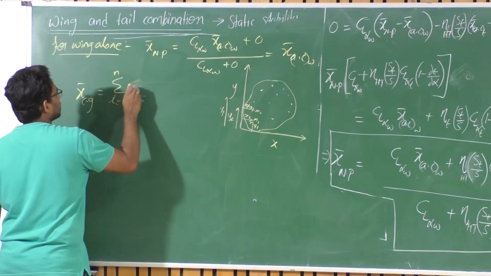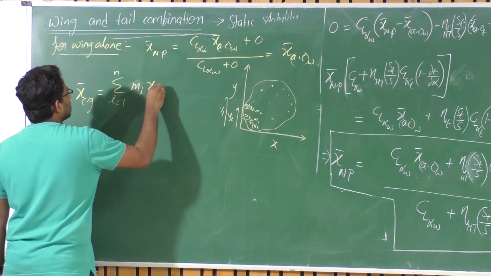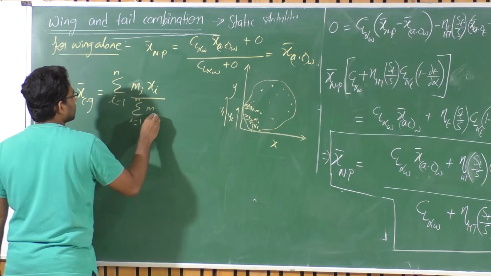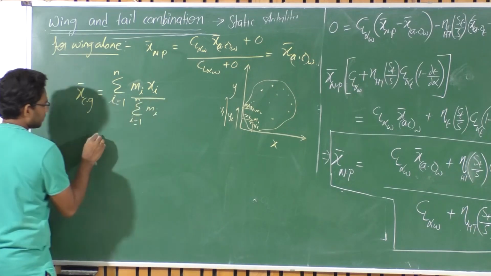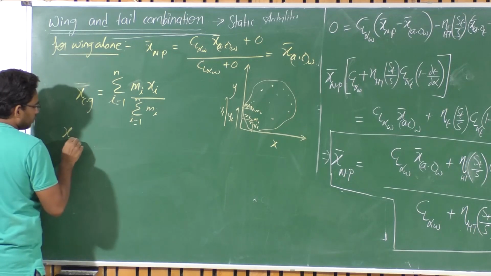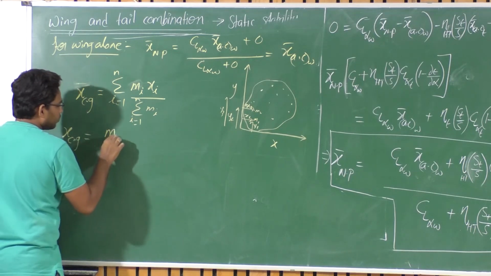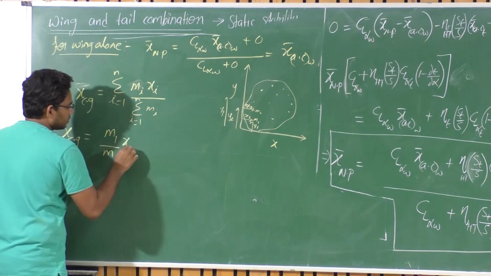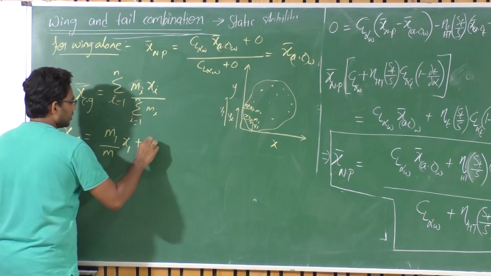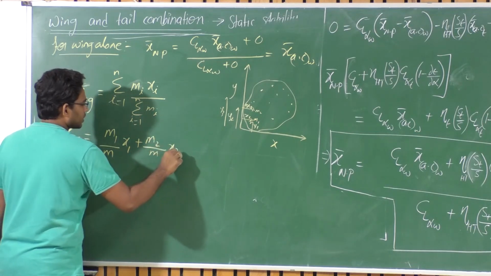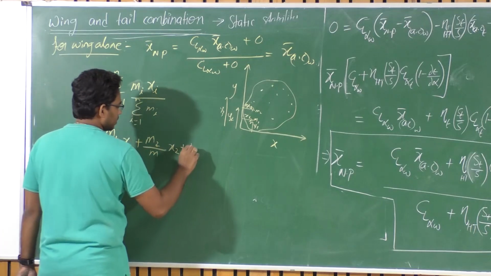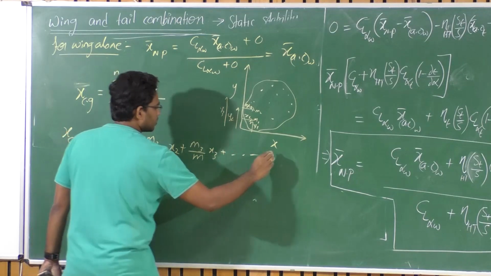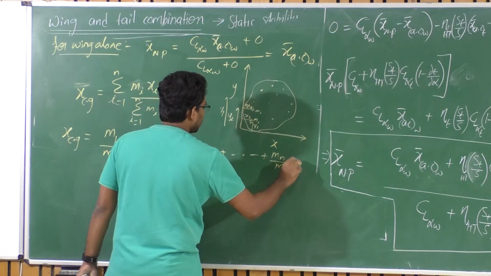So x bar CG is sigma mi xi upon sigma mi, right? Which I can say, x CG of a given body is m1 upon m, where m is sigma mi, times x1, plus m2 upon m times x2, plus m3 upon m times x3, plus so on up to mn upon m times xn.